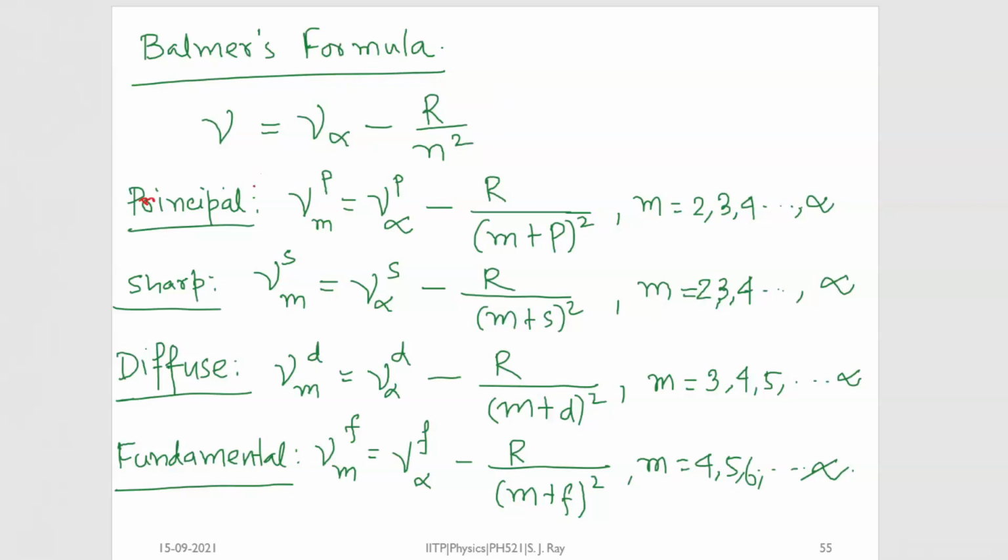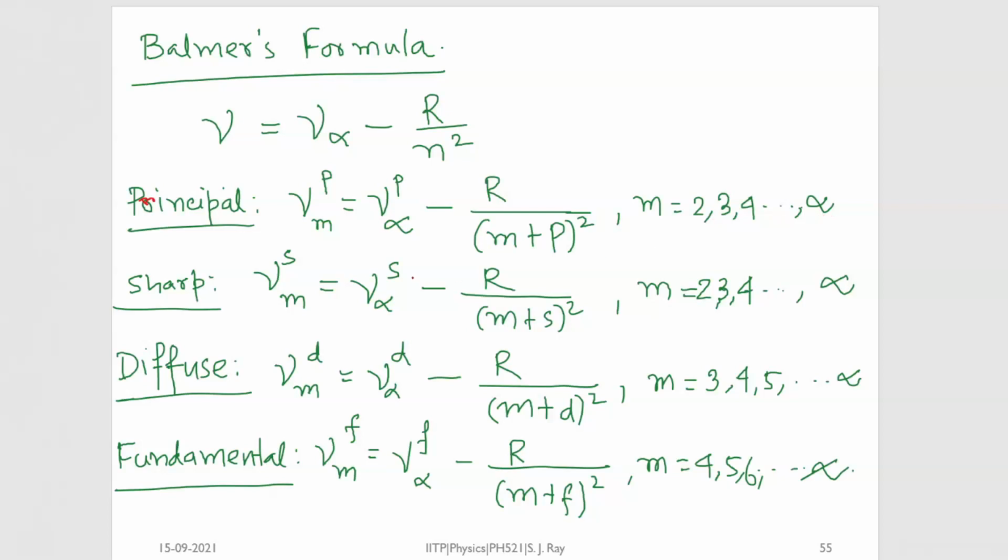Now let's say for the principal series, we will denote it by nu m, p, where p is the superscript used to denote the principal series. So that will be equal to nu infinity p minus R by (m plus p) square, where m can be any number starting from 2, 3, 4 up to infinity.